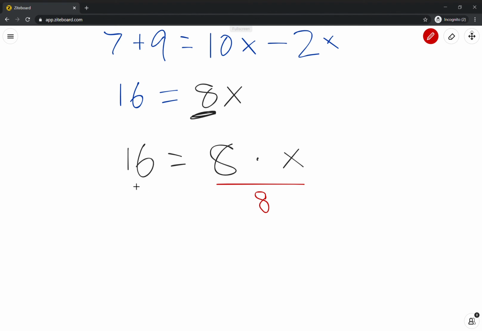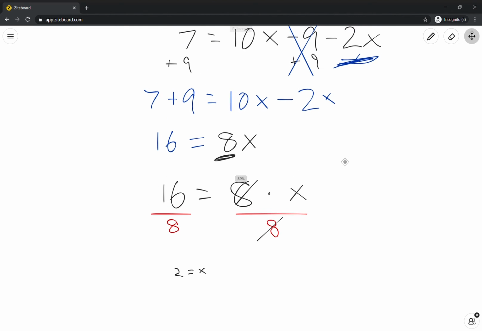But always, you have to remember, what you do to one side, you do to the other. So the 8's cancel from here, and 16 divided by 8 simplifies to 2. So now we have x is equal to 2.